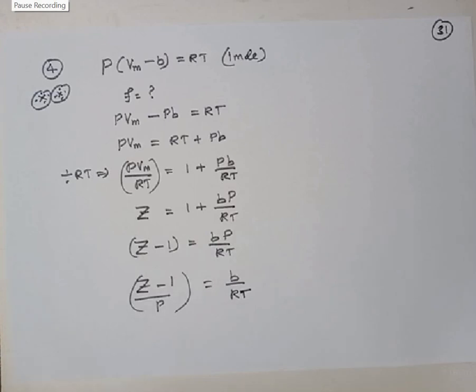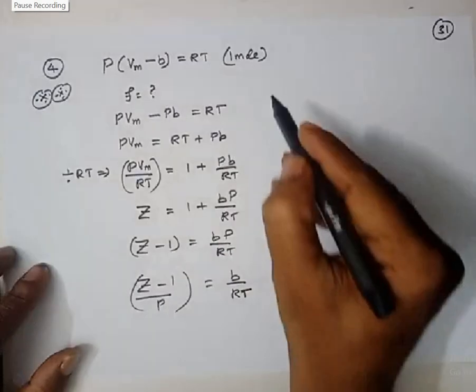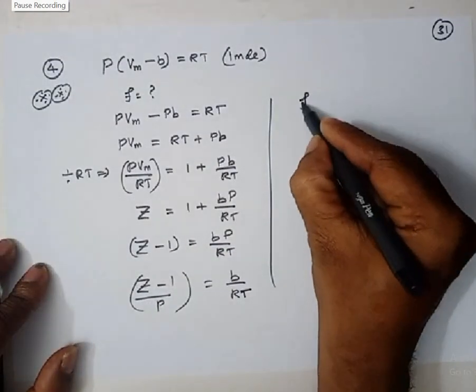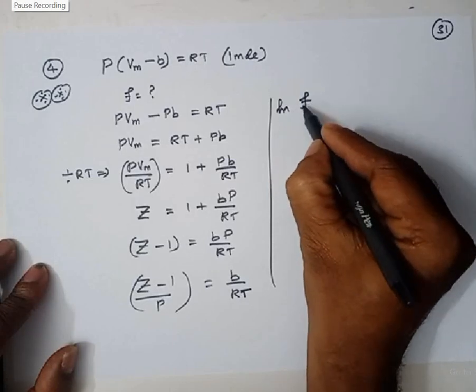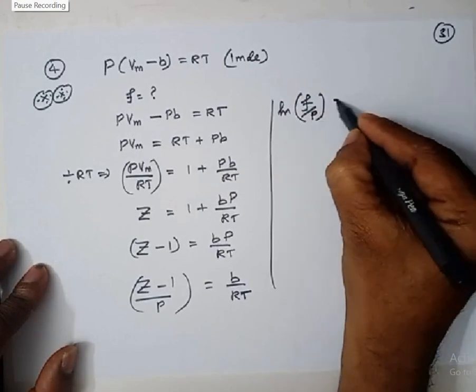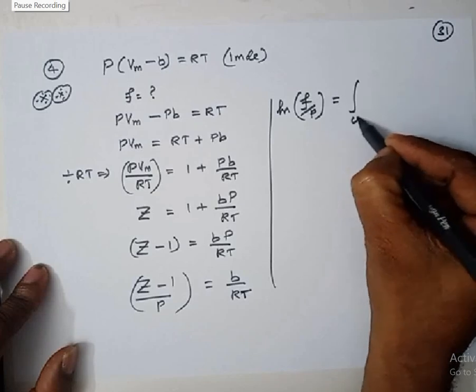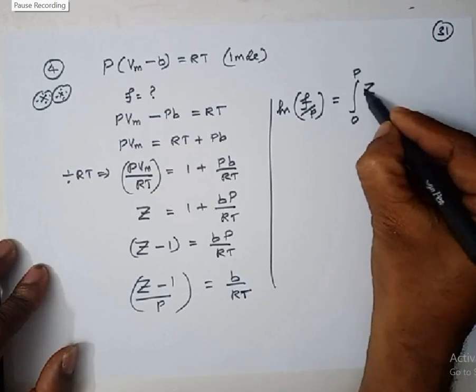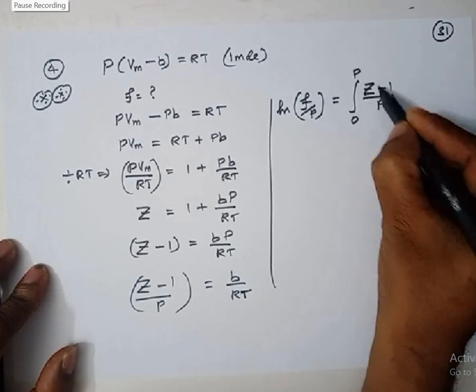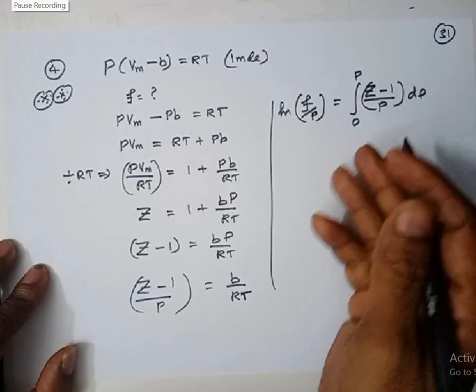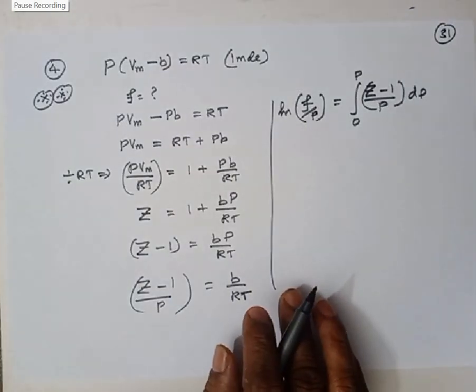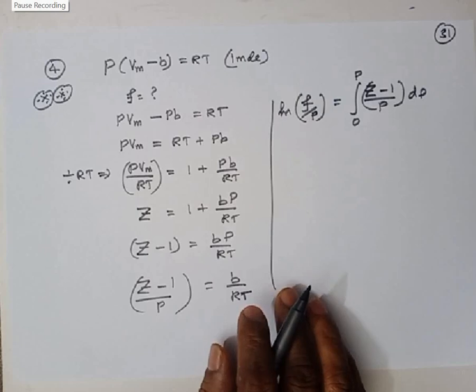Now see, you know this fugacity equation. Just now we discussed: ln F by P equal to integral 0 to P of (compressibility factor Z minus 1) by P into dP. Do you remember this equation? Just now we wrote it.